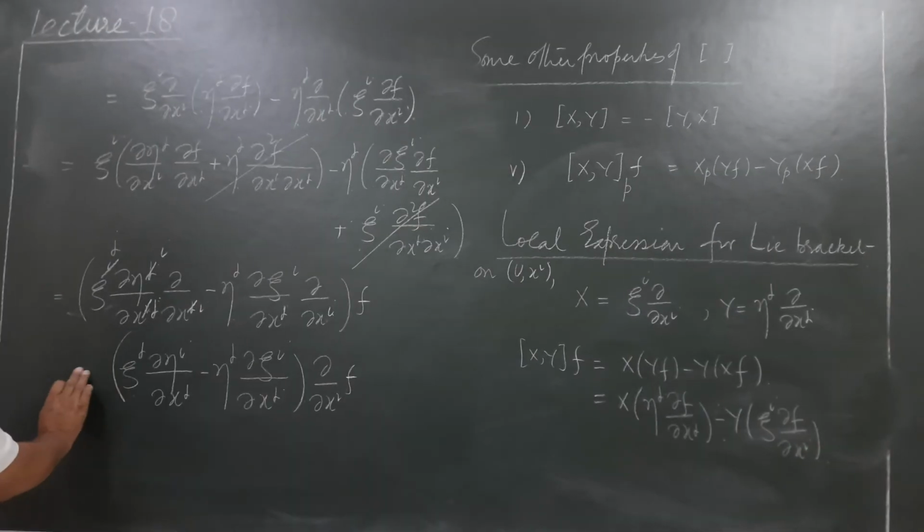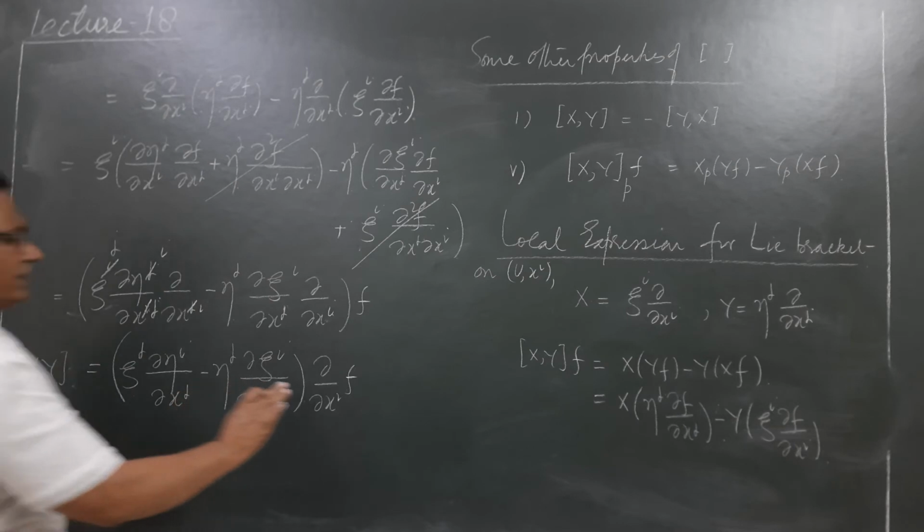And what is the left side? Lie bracket XY operating on f. Since f is arbitrary, you rub it off from both sides.